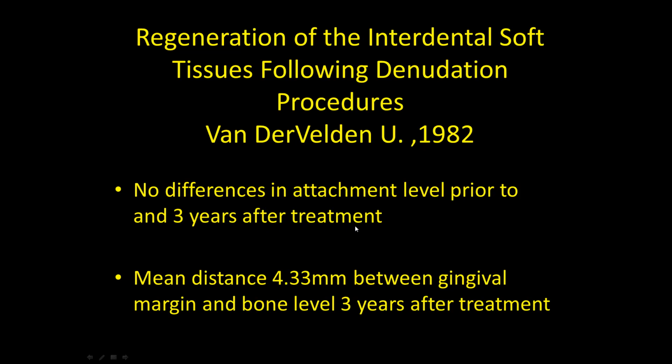It means the tissue grew back again with the same attachment they had before. The mean distance is 4.33 millimeters between the gingival margin and the bone level. You can see it's 4 millimeters. When you cut the soft tissue completely, it will grow back again with the same attachment.